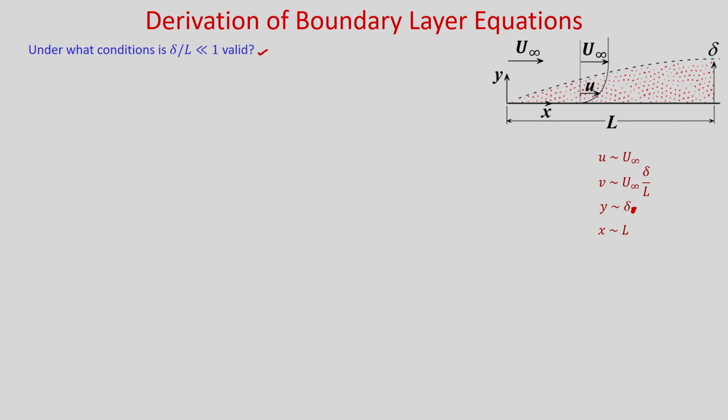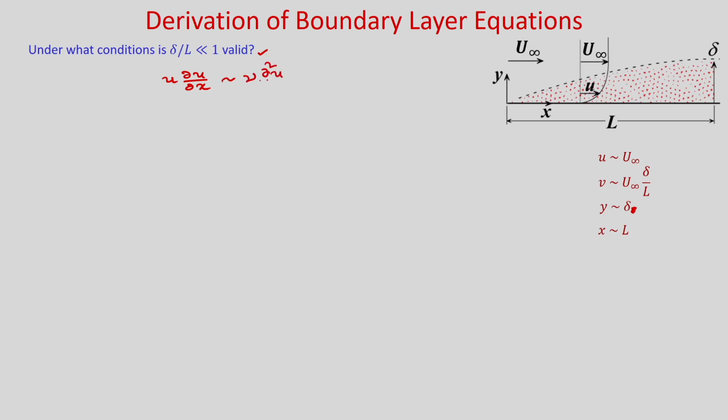So, what will we do now? You can see that on the left hand side the inertia terms are of the same order. So, we will take one inertia term and compare it with the viscous term, because we have only one viscous term, nu del 2 u by del y square. So, u del u by del x, one inertia term, will be compared with the viscous term.